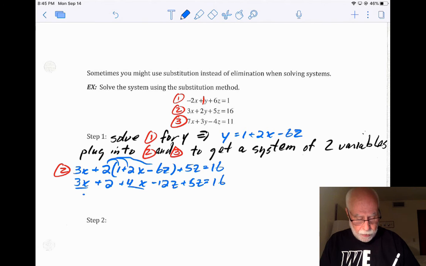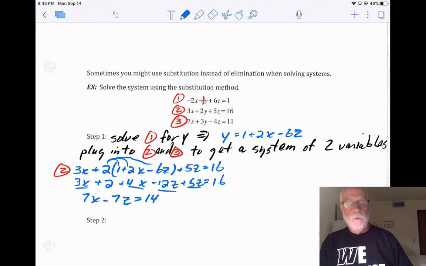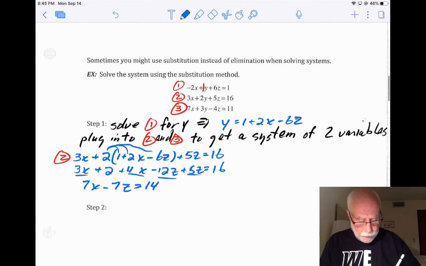Again, I'm going to combine the like terms, so I'll have 7x minus 7z. I'm going to take the 2 and move it over to the other side, and that'll give me 14. Remember on this one, I suggested that you could factor out a 7.